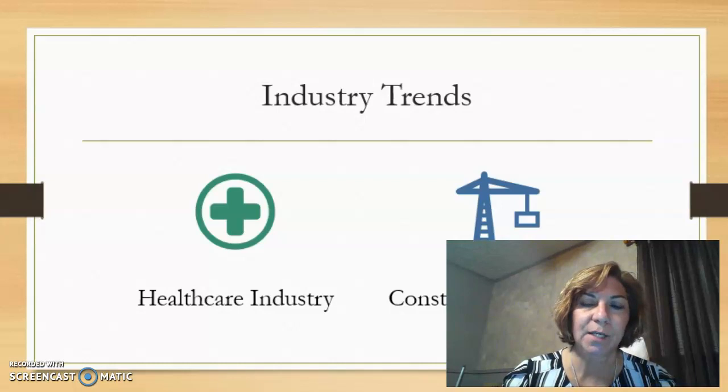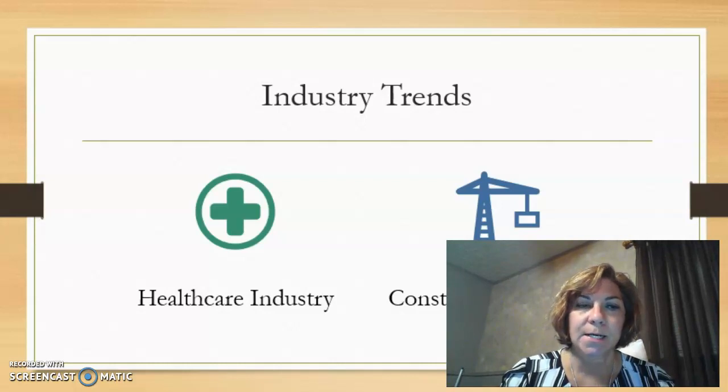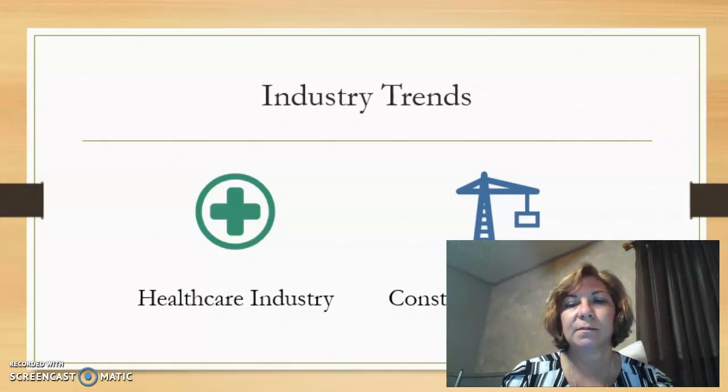Industry trends. So let's talk about the healthcare industry. The healthcare industry tends to have one of the higher incidences of workplace incivility and bullying. And I believe from what I've been reading, that's because there are a lot of different hierarchies there.